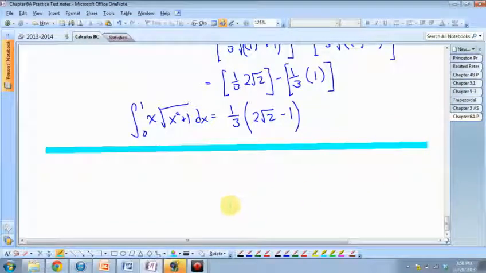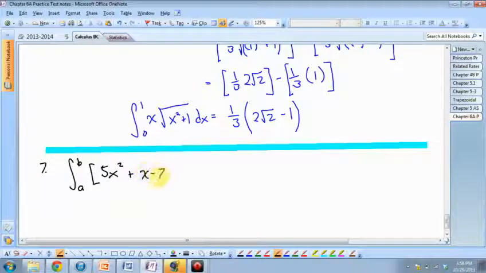Okay. Another definite integral, a to b, square root of 5x squared plus x minus 7 dx.